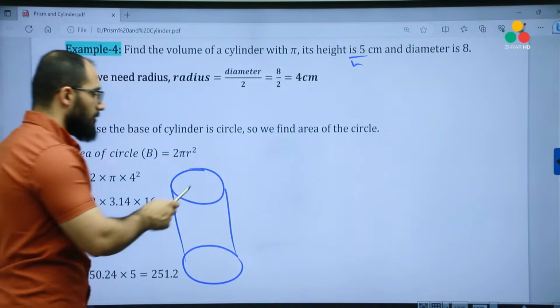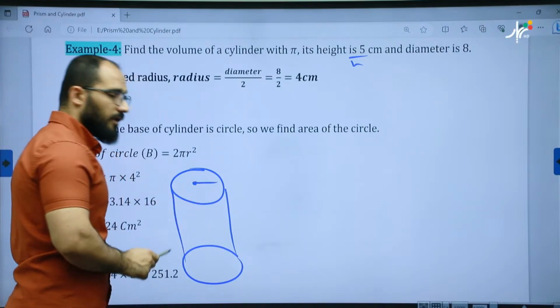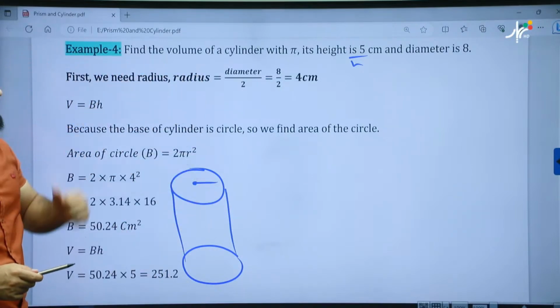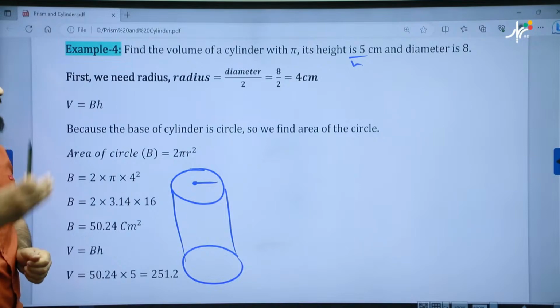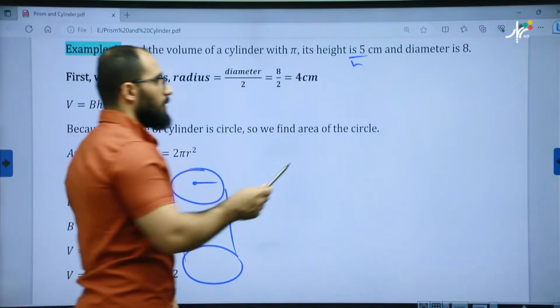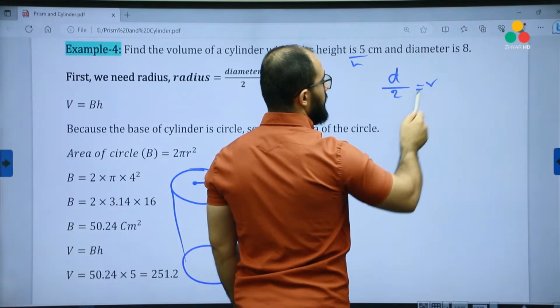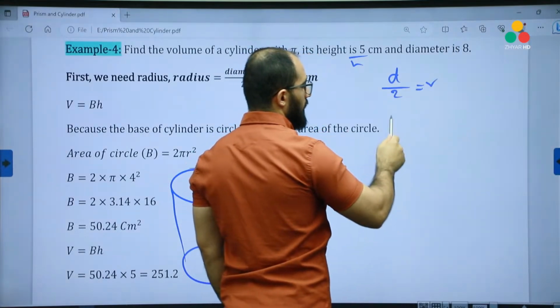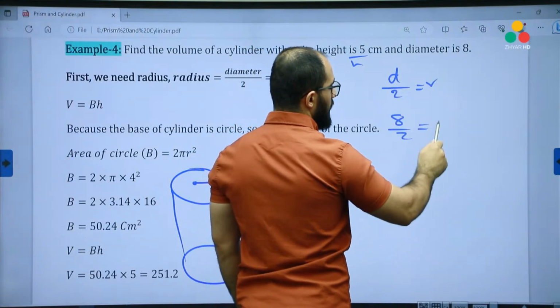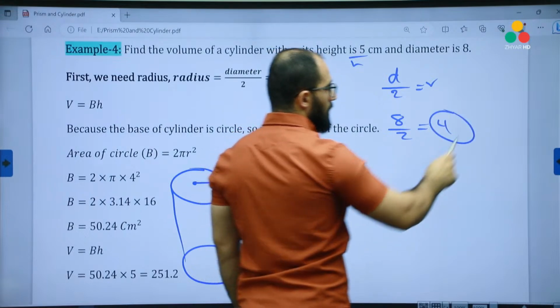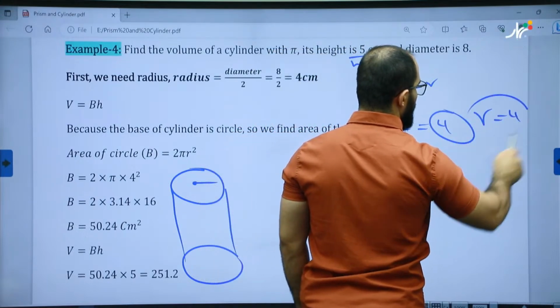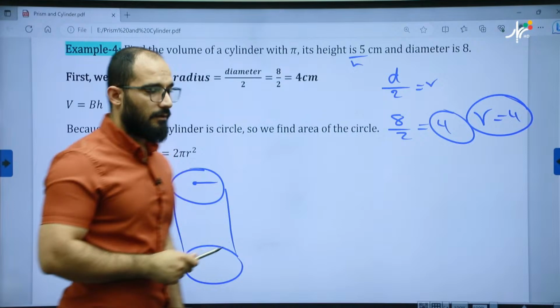When you want to find the base area, we need the radius. But what do we have? We have the diameter. How can you change diameter to radius? Diameter divided by 2 is equal to radius. So 8 divided by 2 is equal to 4. So R is equal to 4. The radius is equal to 4.